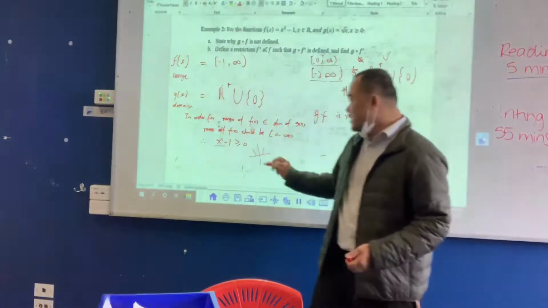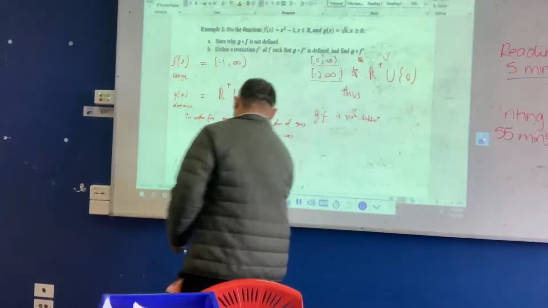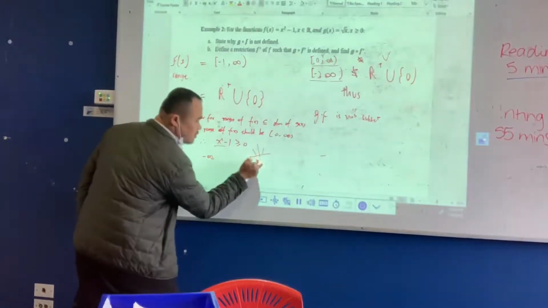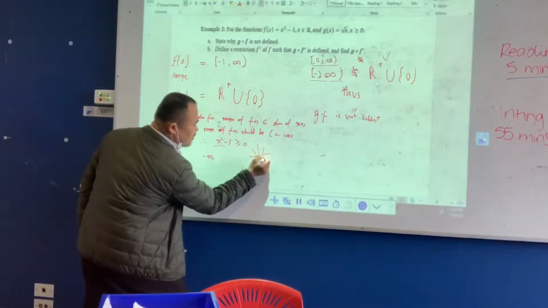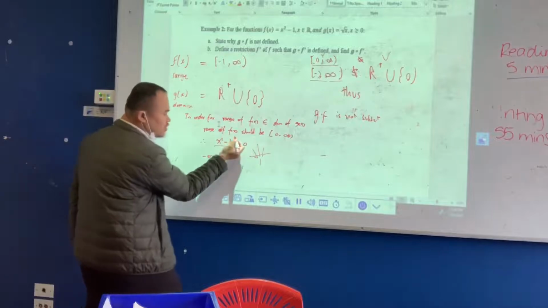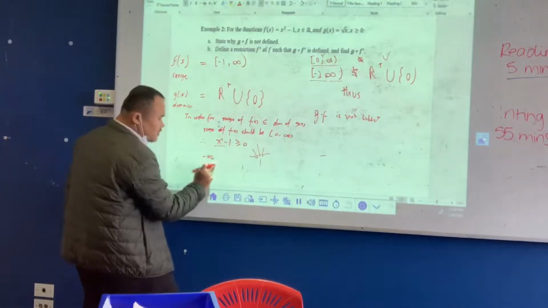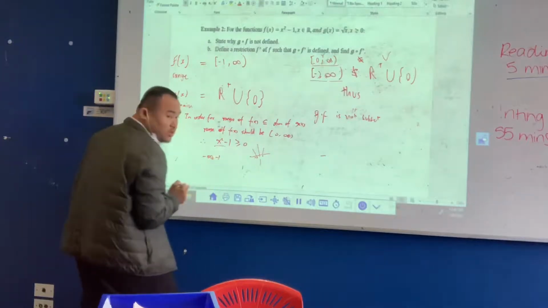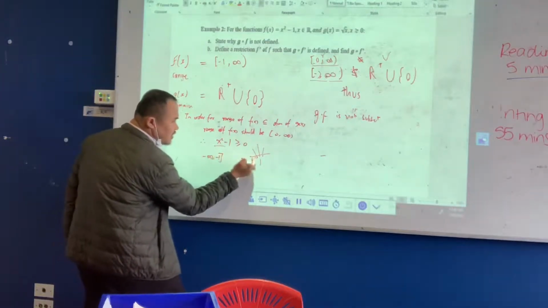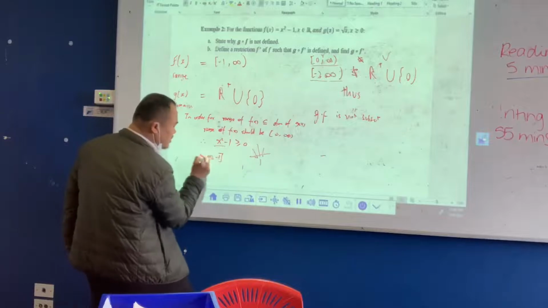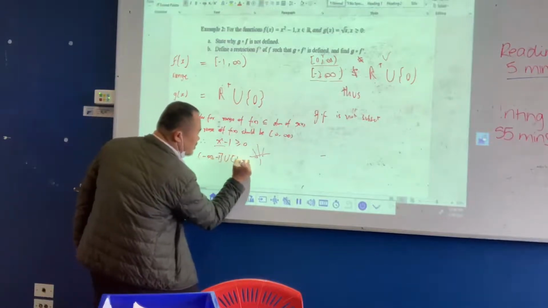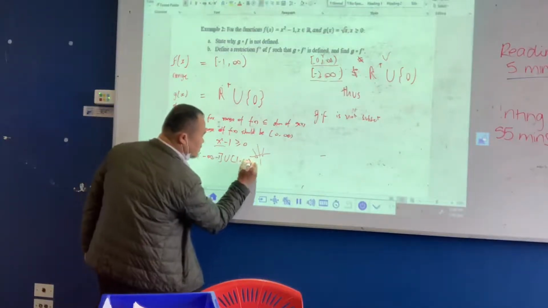So the x value would be from negative infinity to negative 1 and 1, right? So the x-intercept, we can just make it equal to 0, so that is the x-intercept, right? So from negative infinity to negative 1, included because there's an equal 0 here, union 1 to positive infinity.